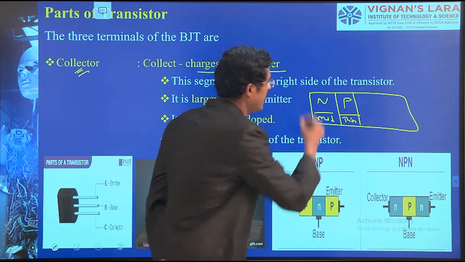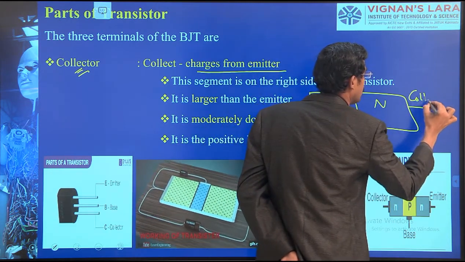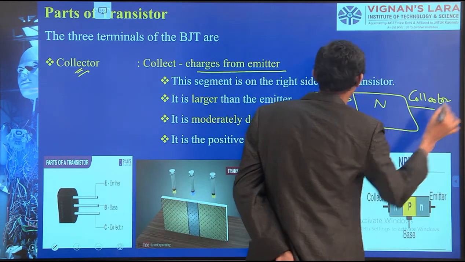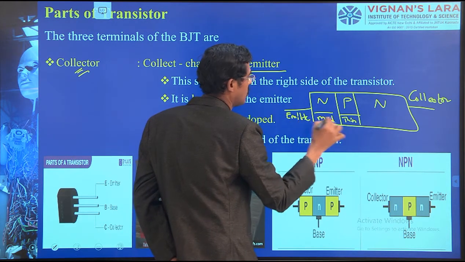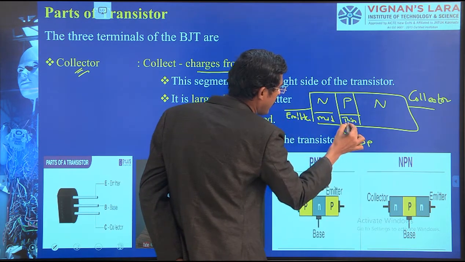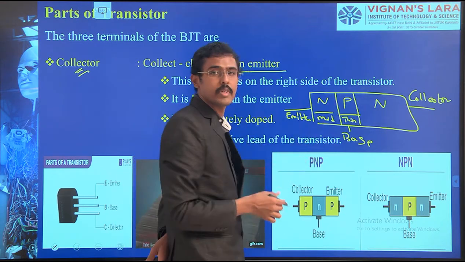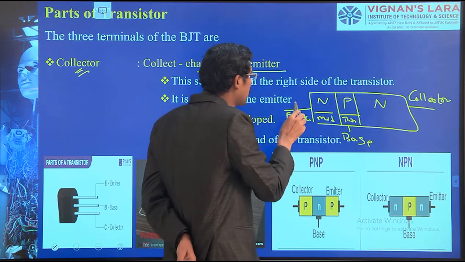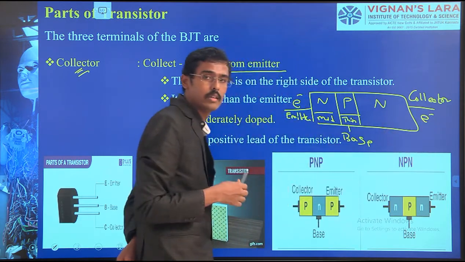Okay, and then again here one more end which is called the collector. So this is the emitter, and this is the base. So we are going to connect a base circuit here, one more circuit here in the P type, in such a way that it boosts the electron flow from one side to this side. That is what is needed.